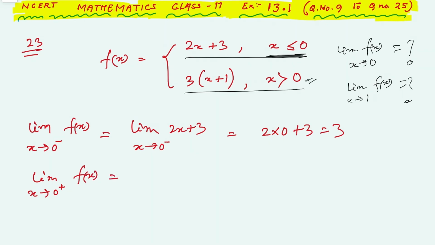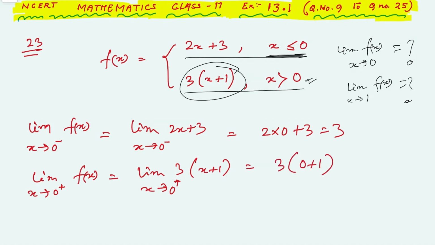For x greater than 0 we have 3x plus 1, so the limit is 3 into 0 plus 1, which is equal to 3.